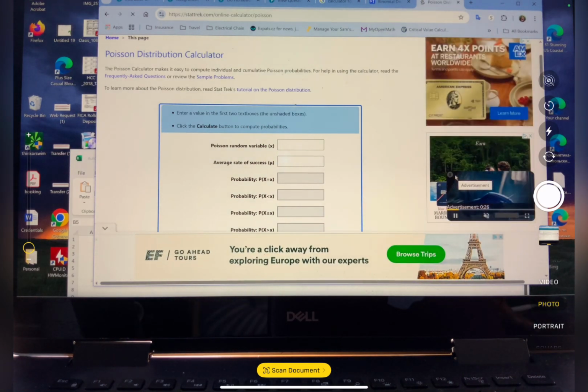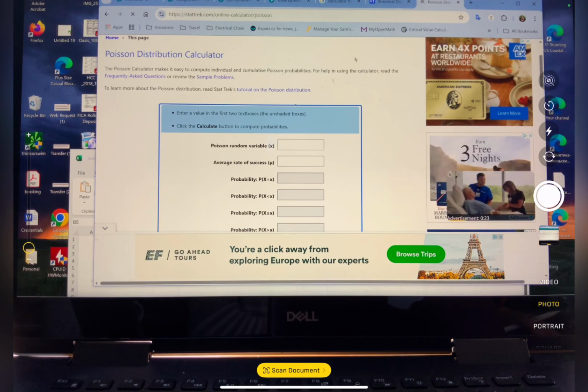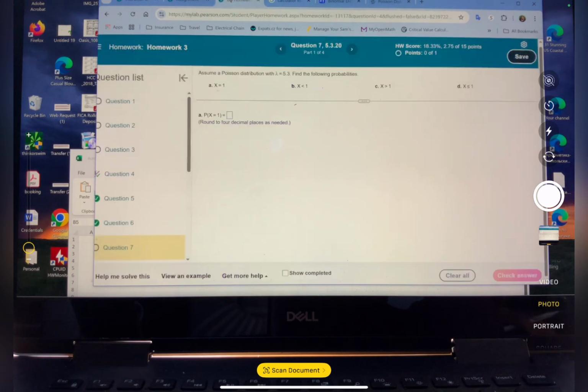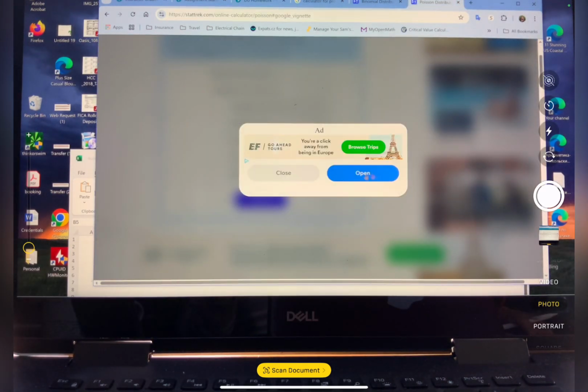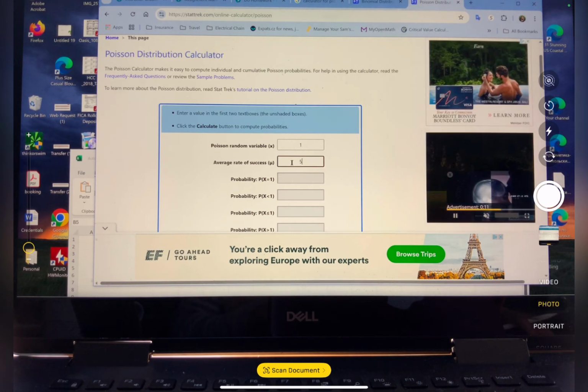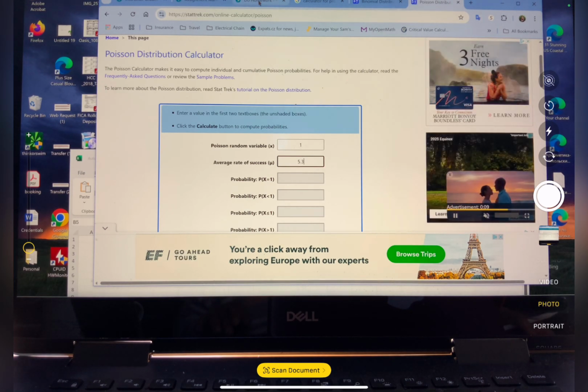All right, so what do we need here? The Poisson random variable, in our case, x is equal to 1. So the probability that during a certain time interval, it will happen only once. So it is 1, and the average rate is 5.3. That was our lambda, right?